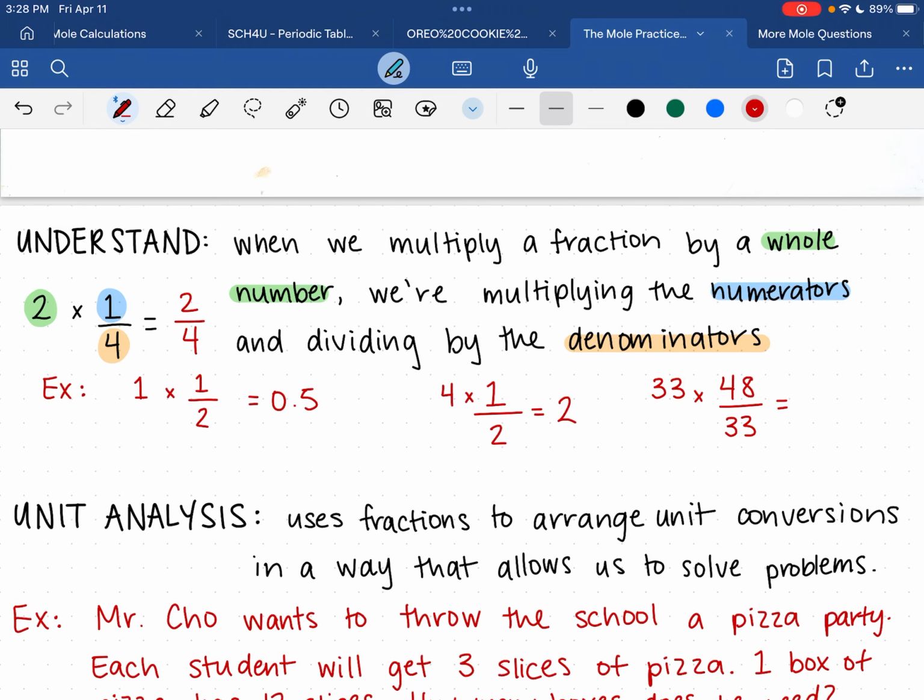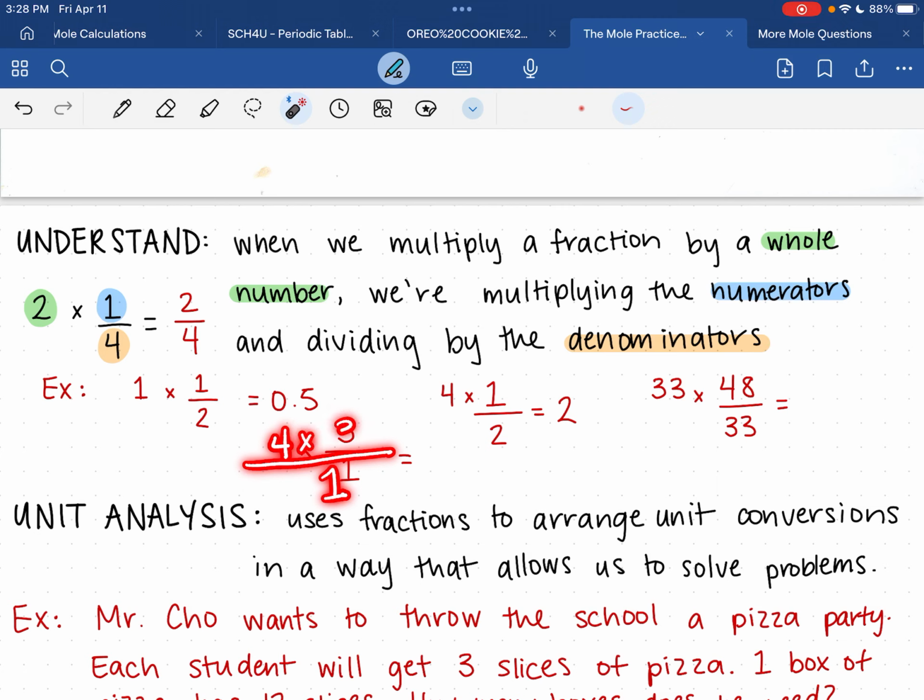This also, let me put in another example. So if we have, let's say, 4 times, again, a fraction, and we'll say this time it's 3 over 1. So again, it's 4 divided by 1, which is just 4.